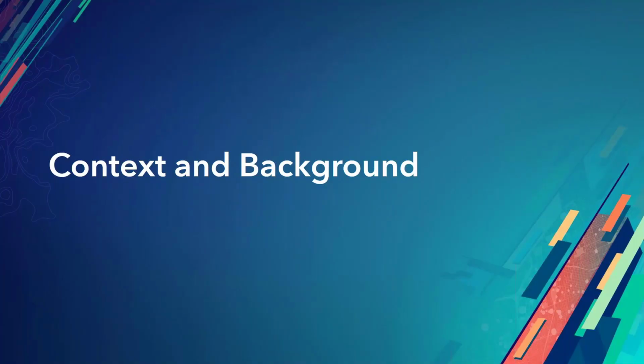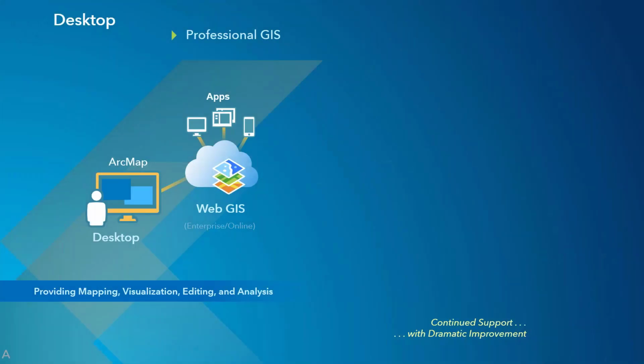All right, what is the context and background of ArcGIS Pro? Historically, most of our users have interacted with our main desktop application, ArcMap. However, during the last few years, the revolution of web GIS improved many of our traditional workflows.